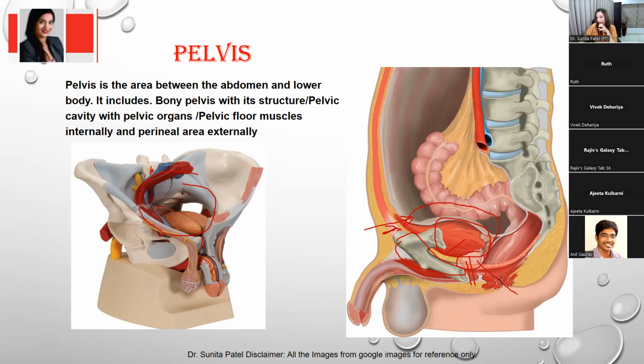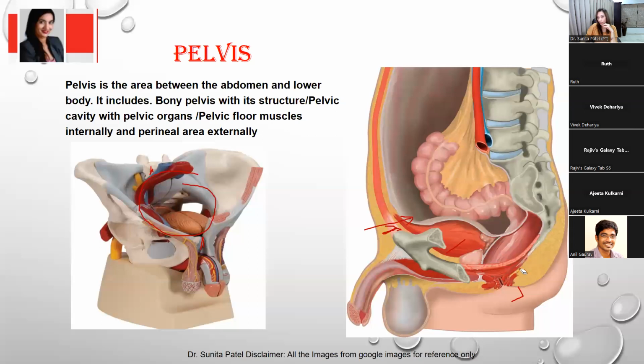We will understand that as well. And just posterior to the bladder and prostate, you can see the last part of the colon, the rectum. And this rectum is touching the pelvic floor muscle. This is a beautiful image where you can see how it is touching.